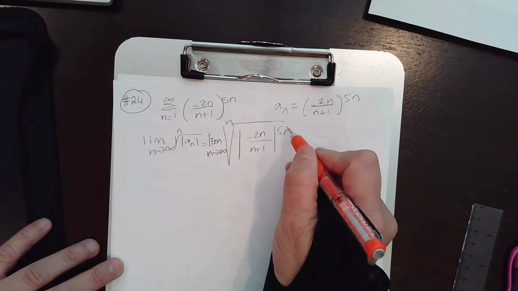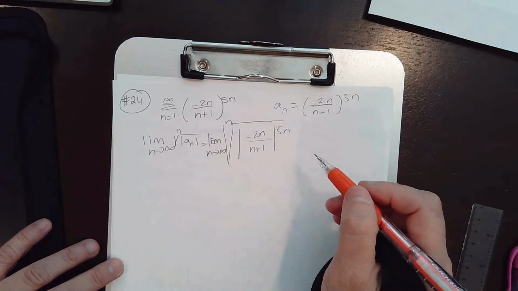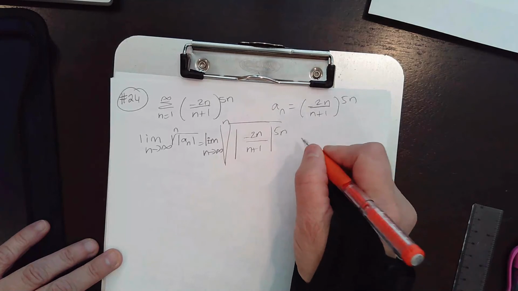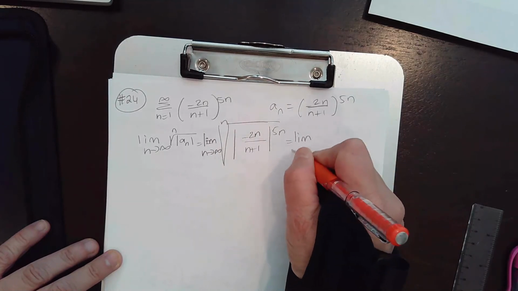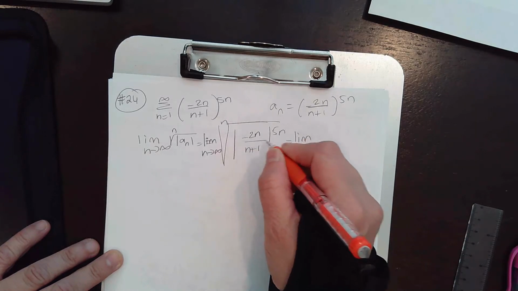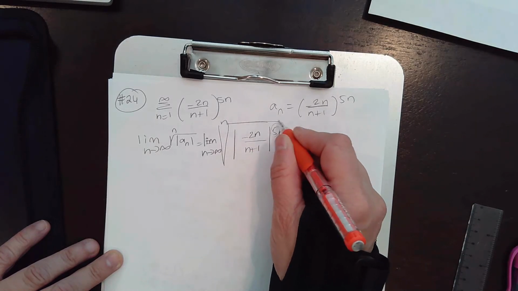So this n cancels this n, right? So the root disappears, and what are you left with? You're left with the limit as n approaches infinity. Absolute value of negative 2 is 2, so you have 2 to the 5th. This remains.